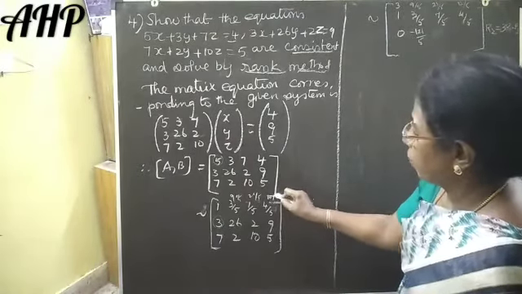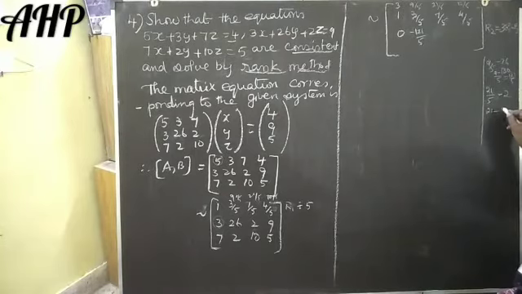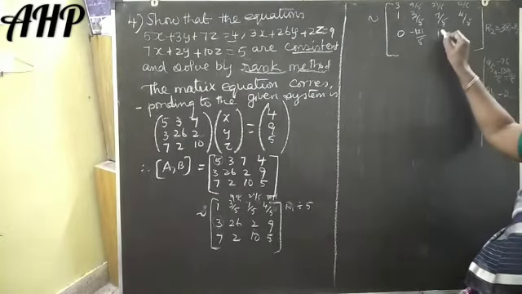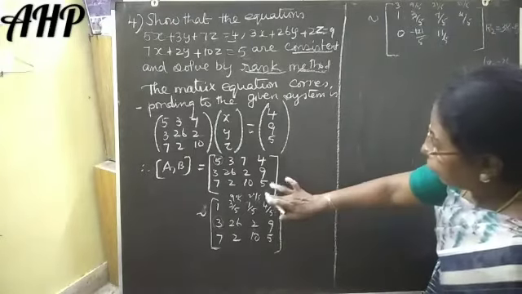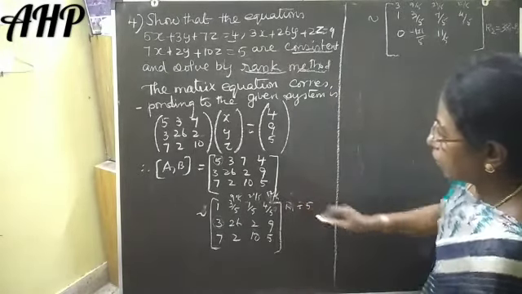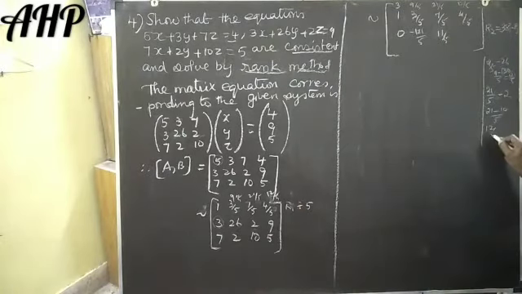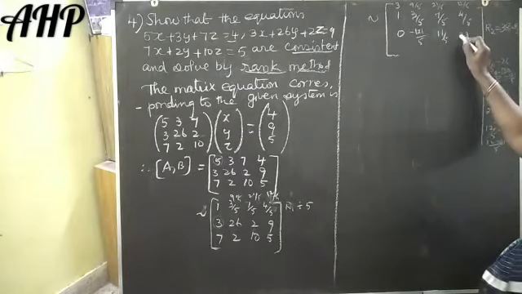So 21 by 5 minus 2 is equal to 21 minus 10 by 5. We are going to get here 11 by 5. The next column is 12 by 5 minus 9, which is equal to 12 minus 45 divided by 5. So this will be equal to minus 33 by 5.